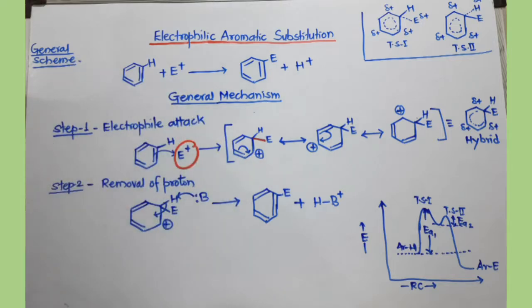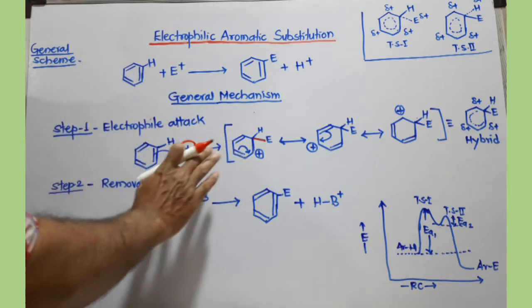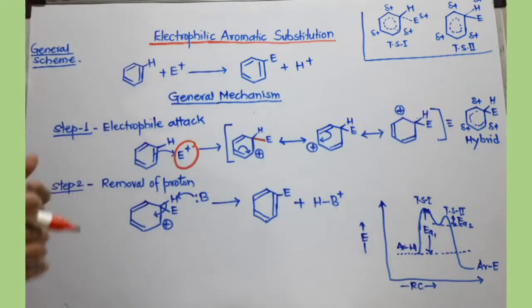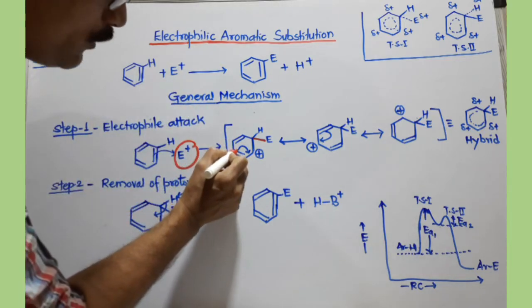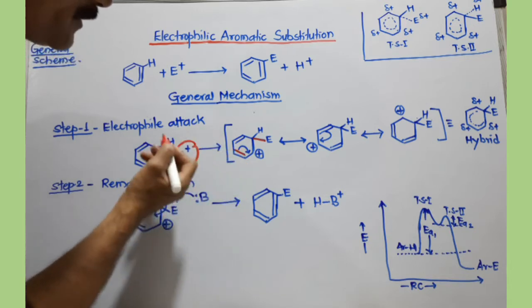So this is a carbocation. Now this carbocation can undergo different resonating structures. Resonance is possible. How? Simply move the adjacent bond.